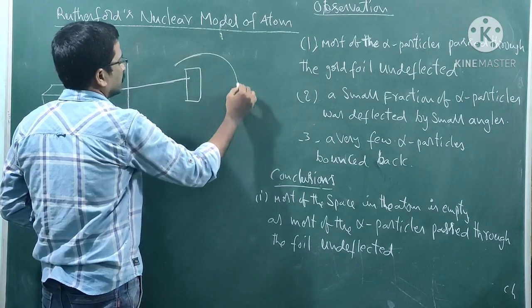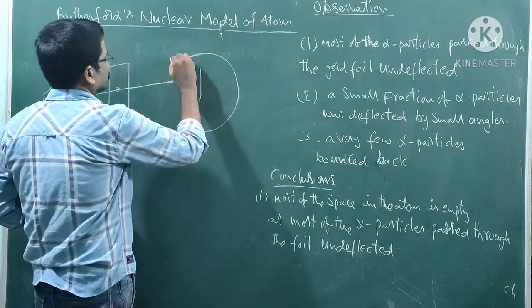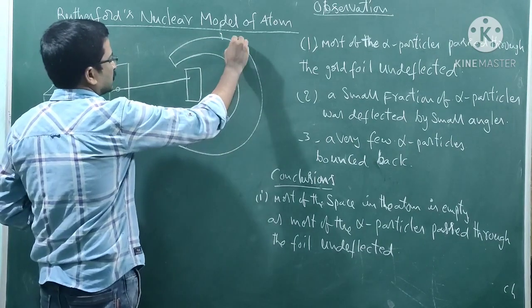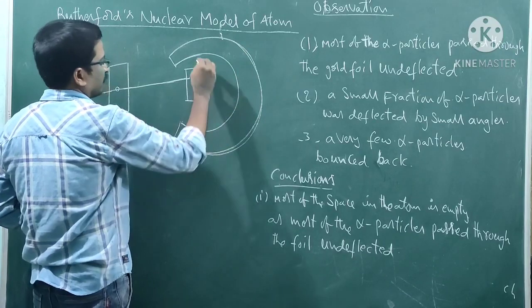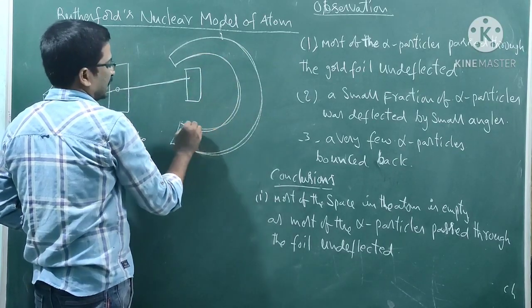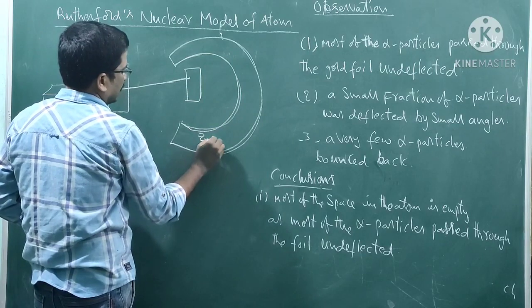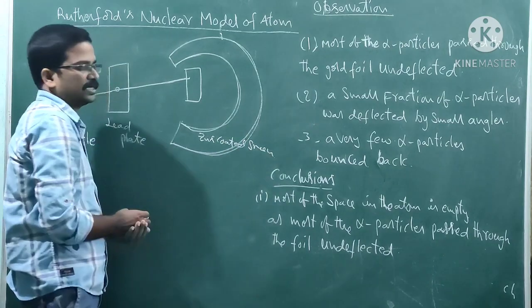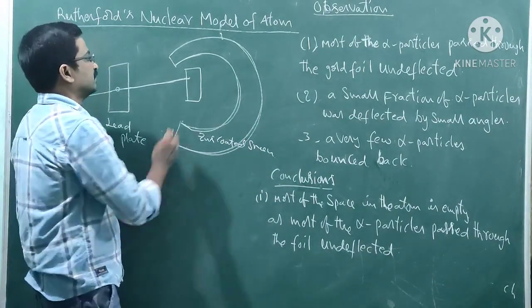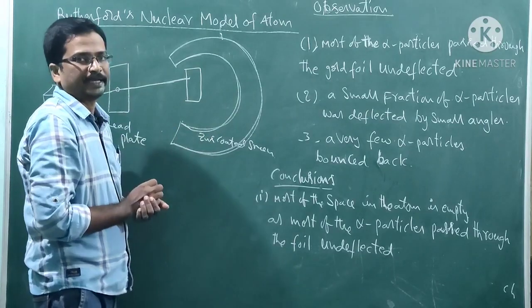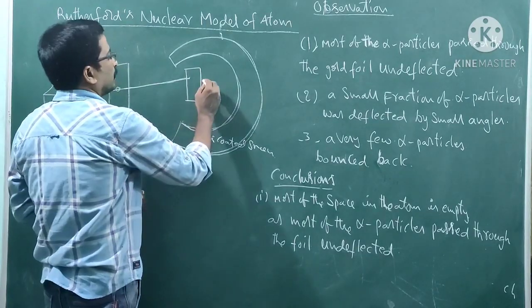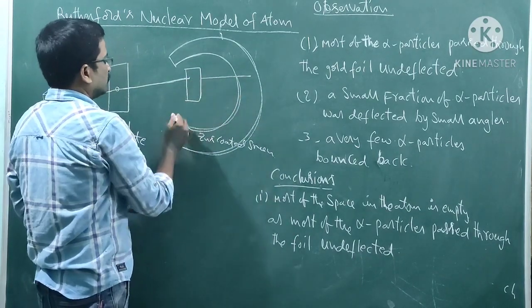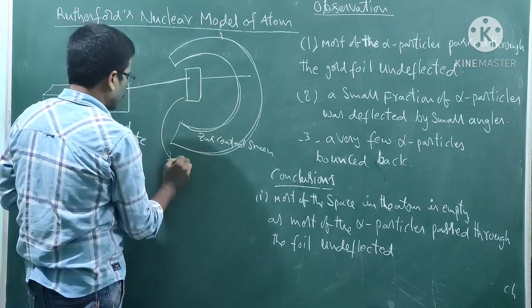And then he observed this zinc sulfide, ZnS coated screen. Most of the alpha particles pass through this gold metal foil.